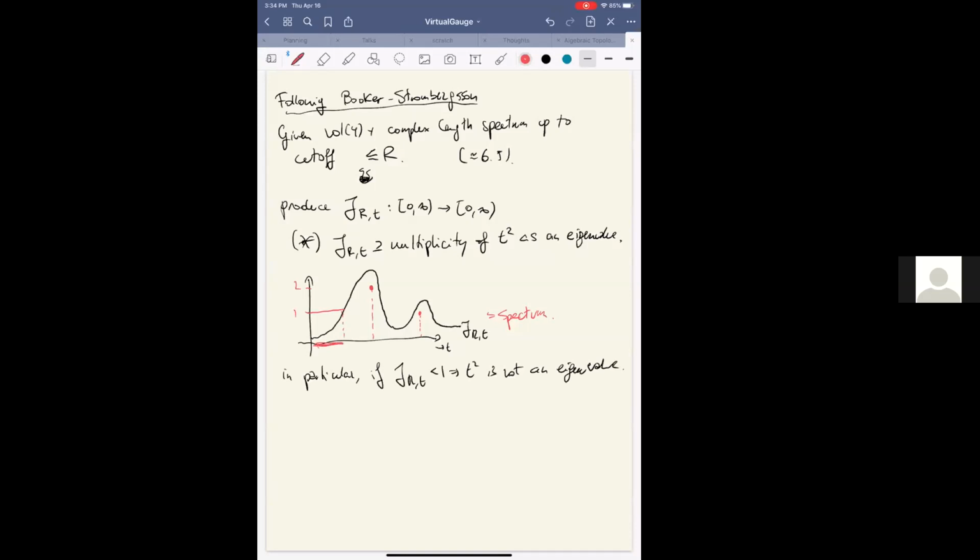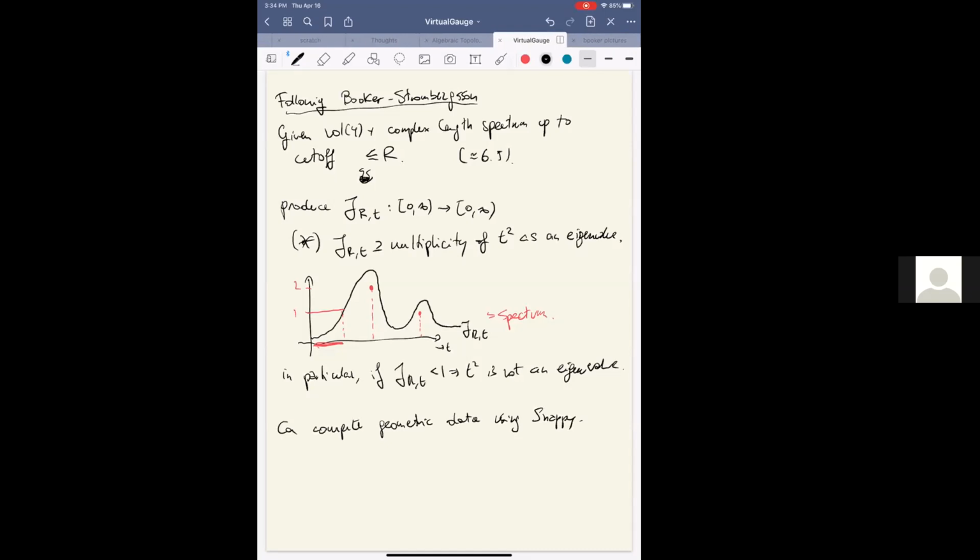And this is something that you can run in practice, just because you can compute geometric data using SnapPy. If you ask SnapPy for a manifold, it returns you the volume and the complex length spectrum up to a certain cutoff that you ask for.